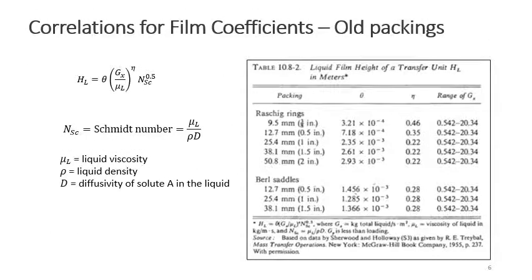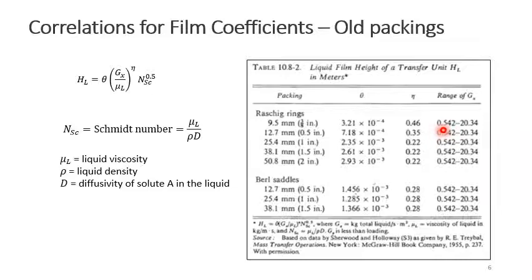So in the previous slide, it was given the correlation for the film coefficient of the gas phase, and the liquid film coefficient. So this here is the film coefficient for the liquid film. You can see that this is HL and then this is Gx. Gx always refers to the liquid phase. The range of validity for the Gx is this, and you have to always check the unit.